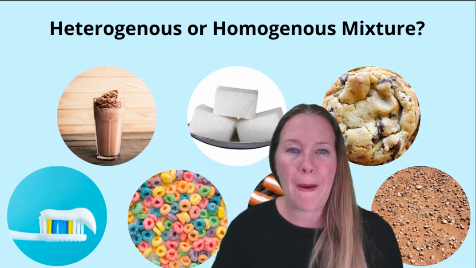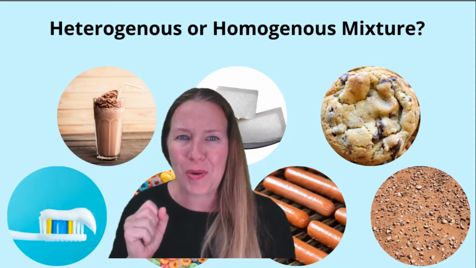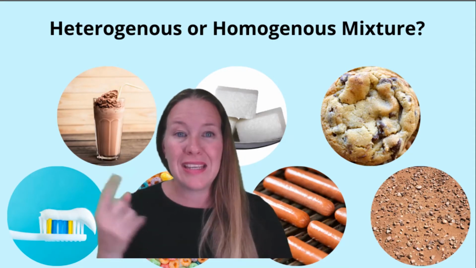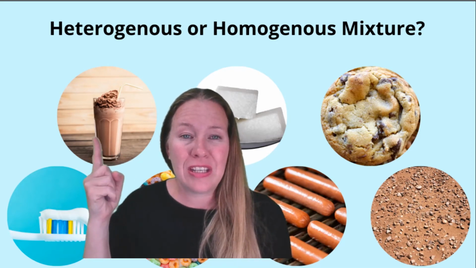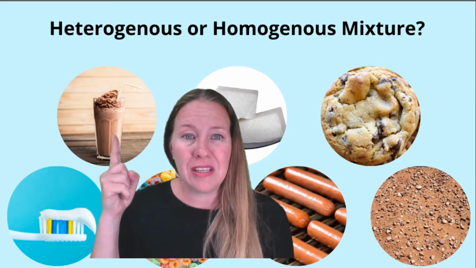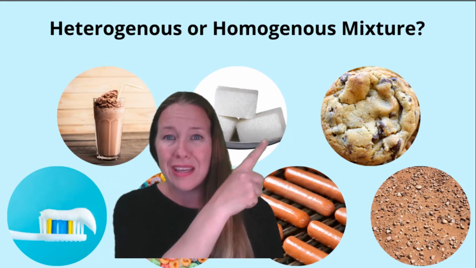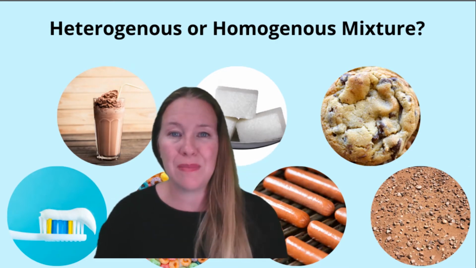With a milkshake, it looks like it's one thing. If you had chocolate chips or candies in there and you could see them, it would be heterogeneous, but it's homogeneous in this picture. This sugar cube looks like it's one thing, though it is not, so this is a homogeneous mixture.